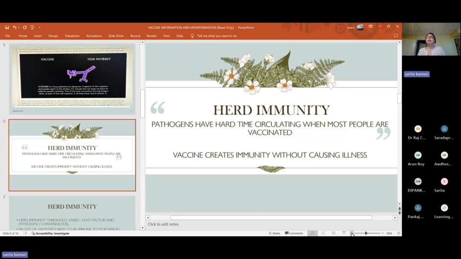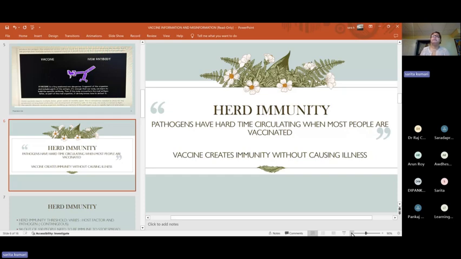In other words, they have antibody or some other form of immunity, and then the virus or bacteria can get killed. So herd immunity is the number of people who need to be immune to that virus or bacteria so that it does not circulate in the community.